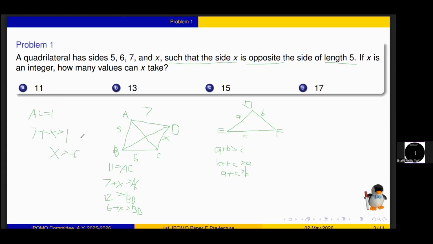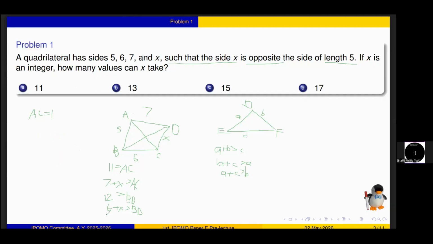That doesn't tell us a lot, but if AC is less than or equal to 7, then x only needs to be positive. It can take on values from 1 or greater. Since it doesn't imply any more restrictions on x, we have to look at BD instead.